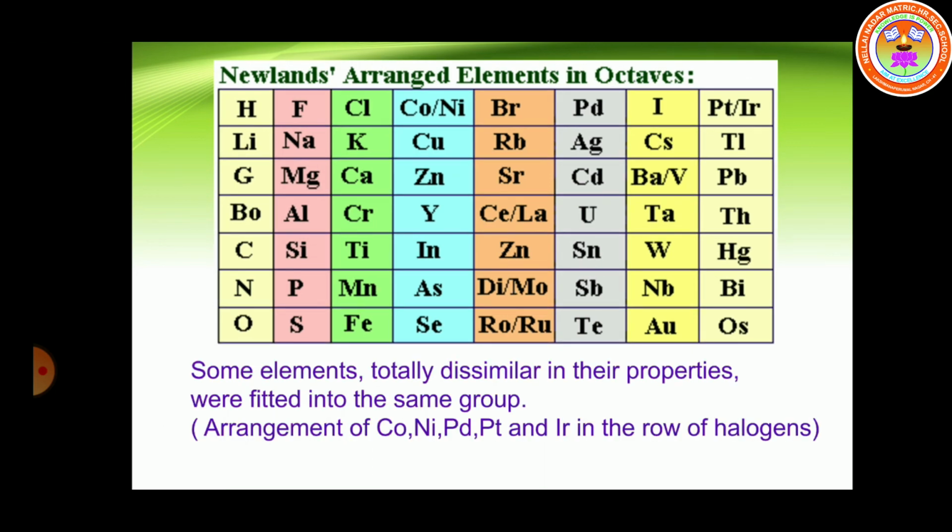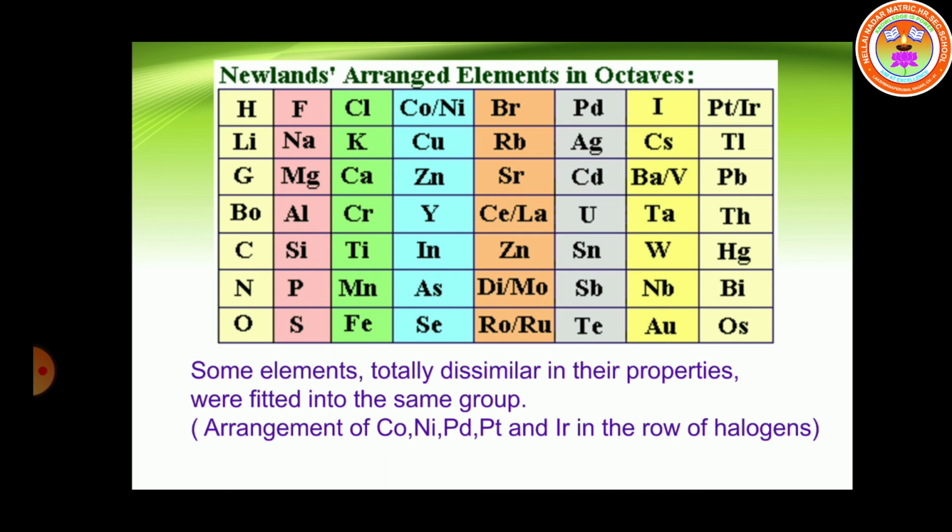Second limitation. Some elements totally dissimilar in their properties were fitted into the same group. See the first row. Hydrogen, fluorine, chlorine, cobalt, nickel, bromine, palladium, iodine, platinum and iridium are present. We know fluorine, chlorine, bromine and iodine are halogens.